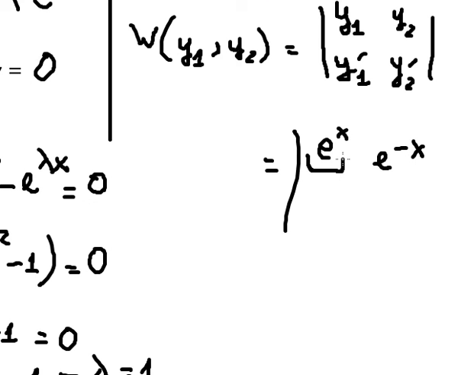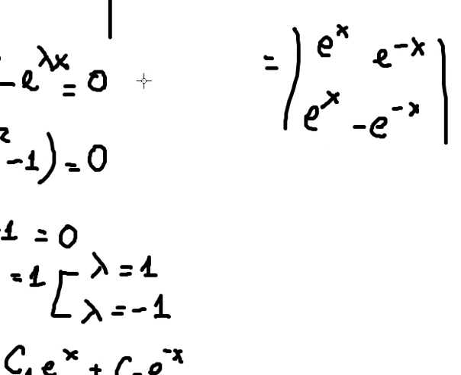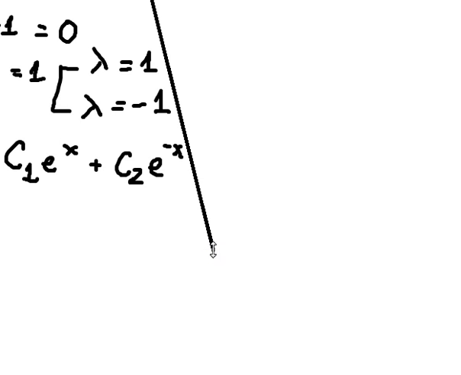First, the derivative of this one, we have e to the power of s. This one, we have negative e to the power of negative s. The next one, we want the determinant of this matrix.